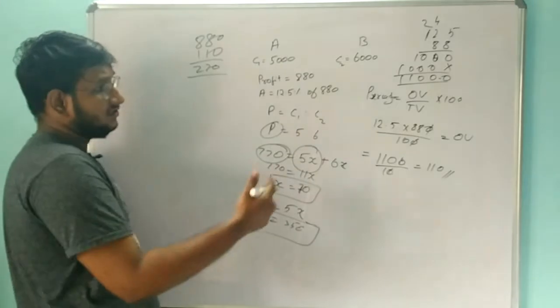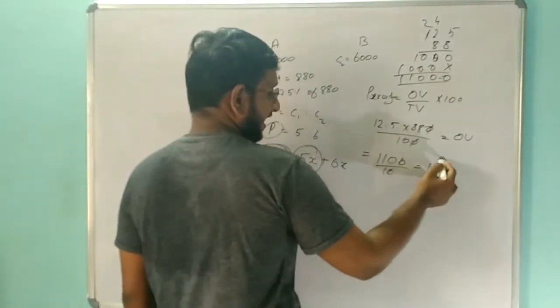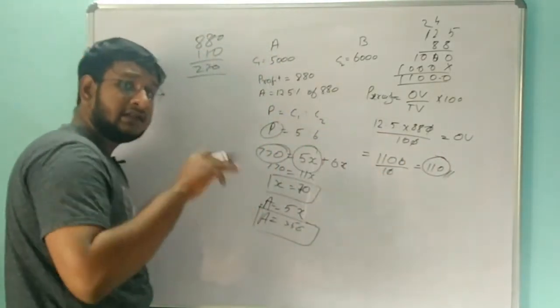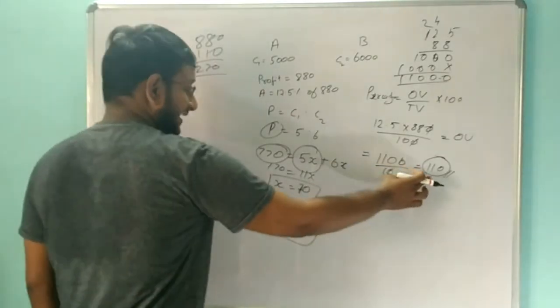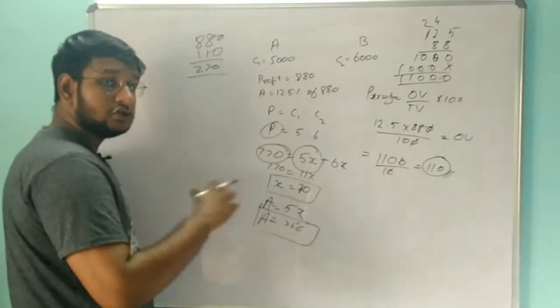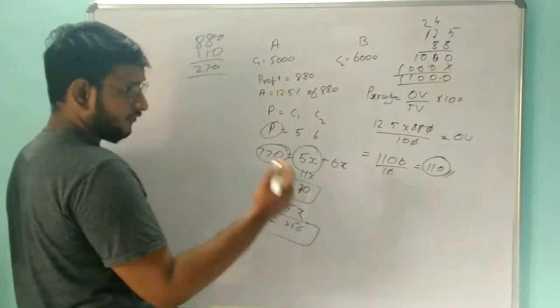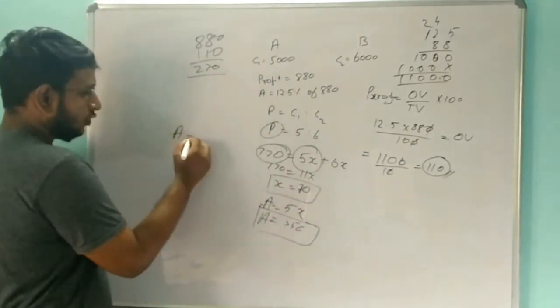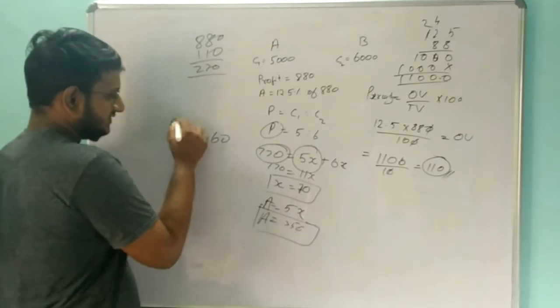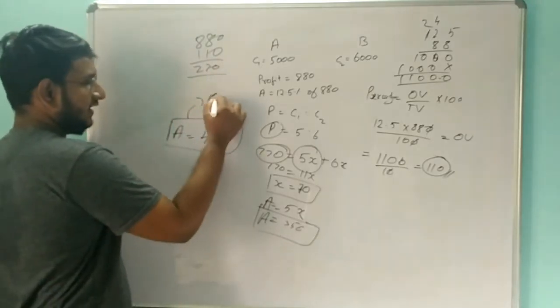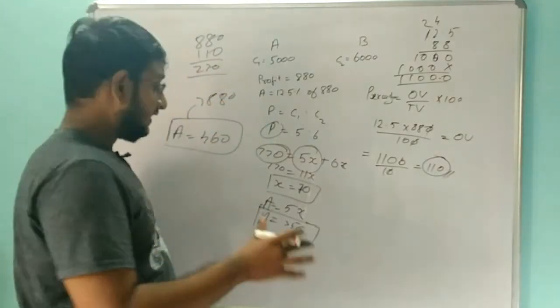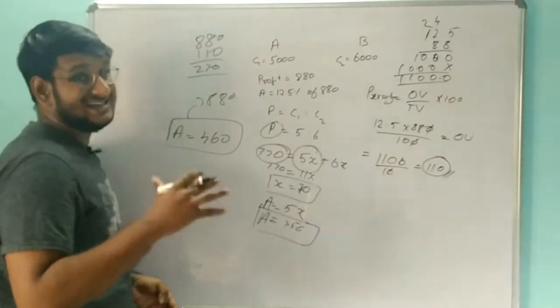His profit is more than this, because he also gets 110 for managing the business. So we have to add 110 and 350. If we add both of these, we will get 460. So A's total profit will be 460 in the total of 880.